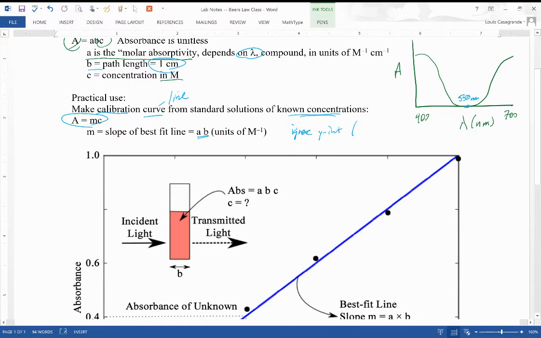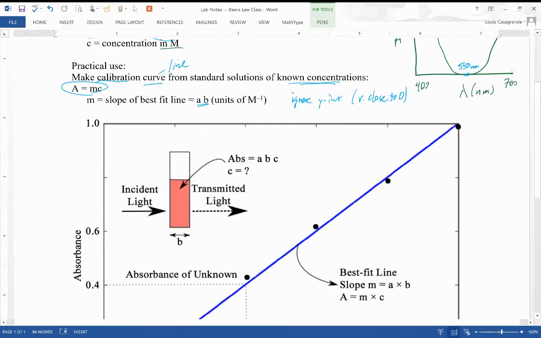In your lab, it should be very close to 0. It just comes about because sometimes the data aren't exactly as precise as you want them to be. So here's what a data plot would look like.